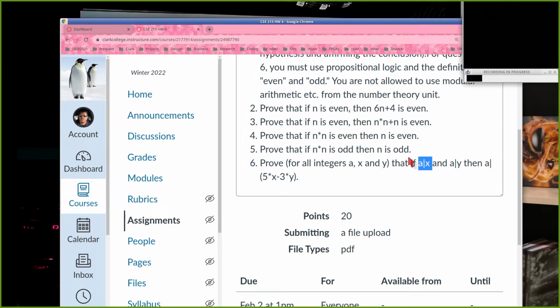So here's a proposition, here's another proposition, here's a third proposition. You're trying to show if those first two propositions are true, the third proposition is true.